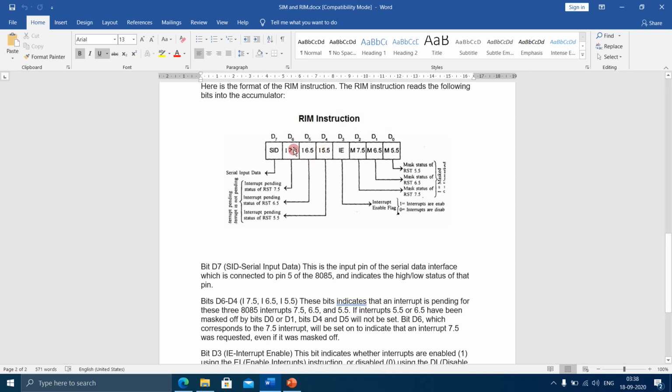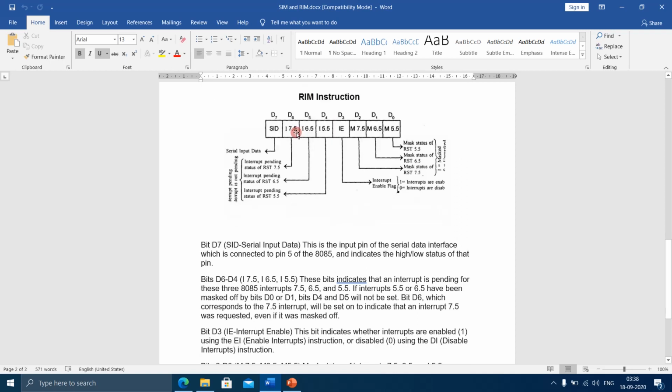If these are 1, that means it is pending. If these are 0, that means it is not pending. So depending on the contents of the accumulator, it will tell us whether these interrupts are pending or not.